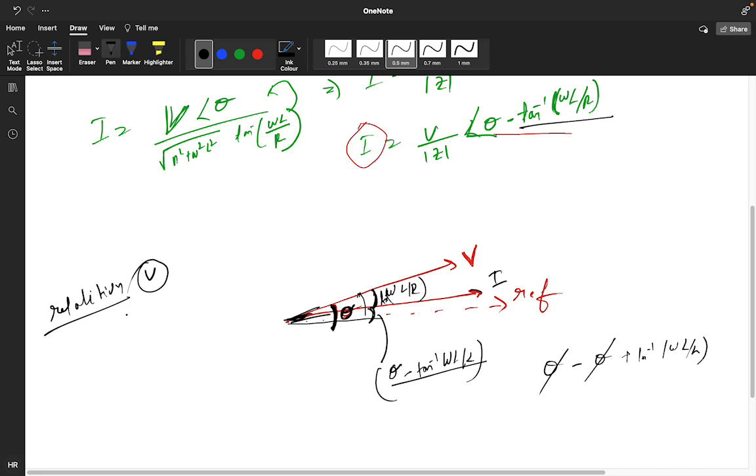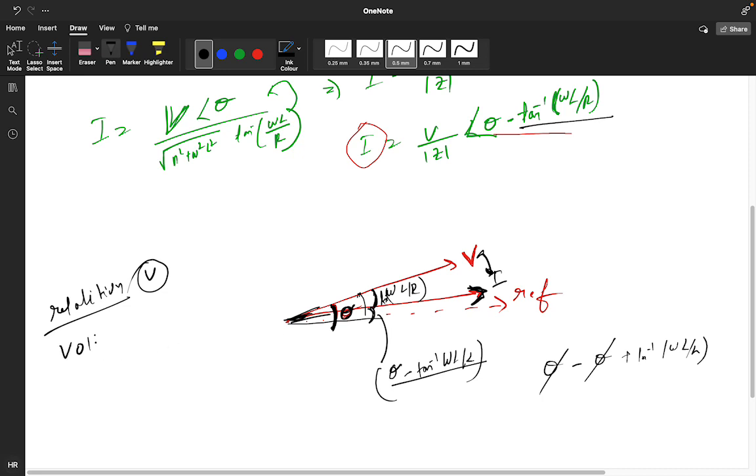Voltage leads current by what angle? I am asking about the V and I relation. Tan inverse omega L by R. Yeah, correct.